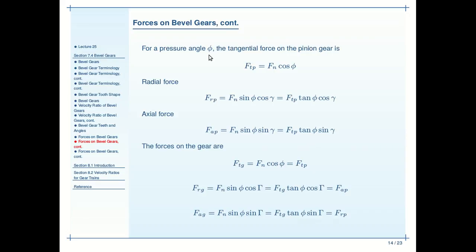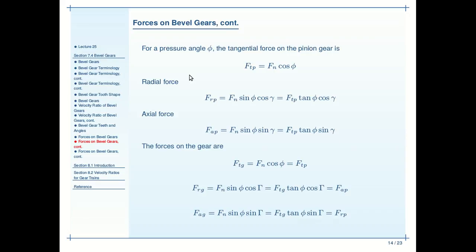So, for a given pressure angle, because remember that our shape of the tooth is still an involute curve, we can calculate the tangential force on the pinion gear as being equal to the normal force multiplied by the cosine of the pressure angle. The radial force for the pinion can also be resolved based upon both the pressure angle and the pitch angle for the gear.